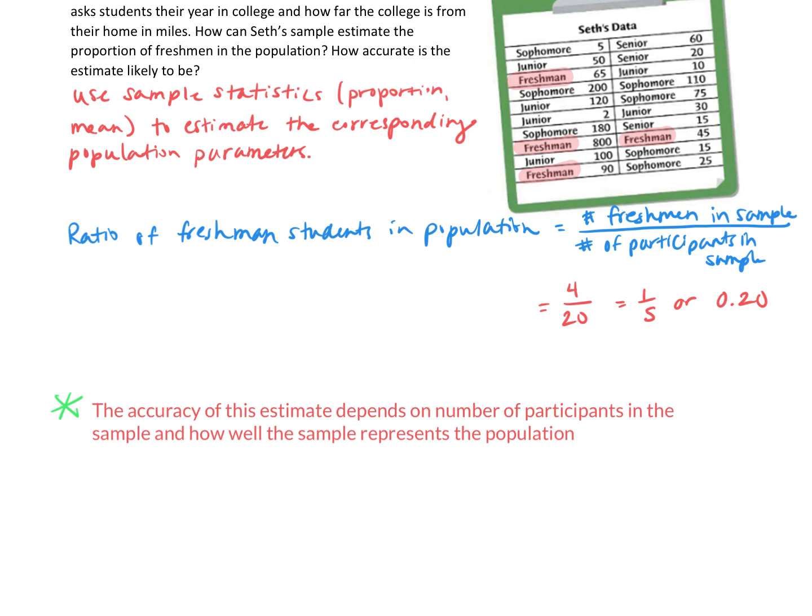Was it biased? Was it random? We learned about different types of sampling you can do. So this sample that he has may or may not be representative, and that will inform whether this is an accurate or not so accurate statistic to estimate the population parameter.